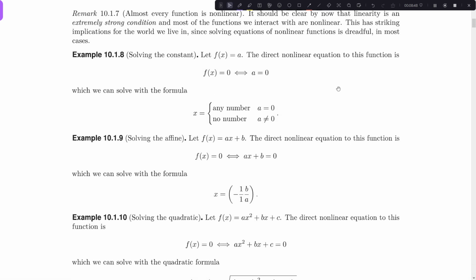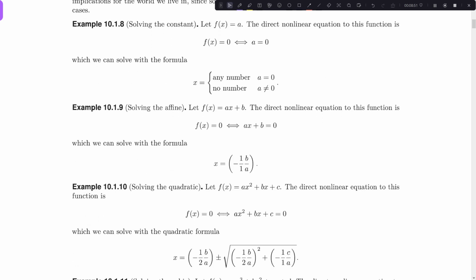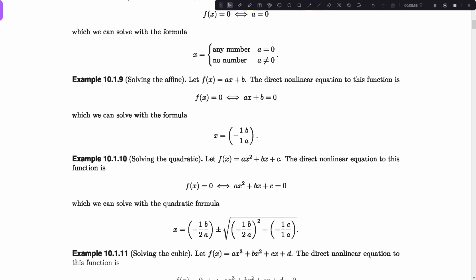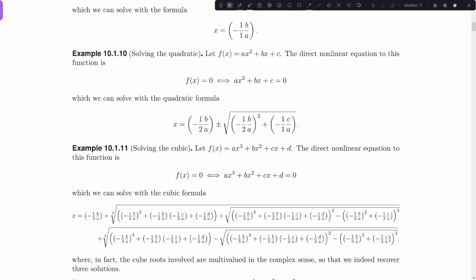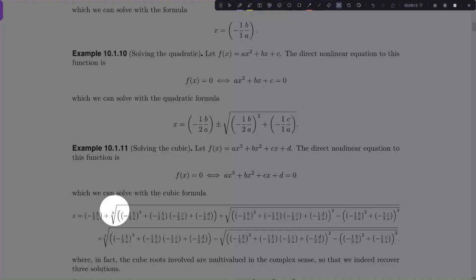Because as I jump down to solving a quadratic, we have our quadratic formula, which has negative 1/2 b over a as the leading term. And then the cubic formula, look, I actually put it on there. Negative 1/3 b over a as the leading term, and then we get some considerably more complicated terms. But go ahead and reference this if for some strange reason you ever do need the cubic formula. And keep in mind that these cube roots right here and here are actually multi-valued in the complex sense.